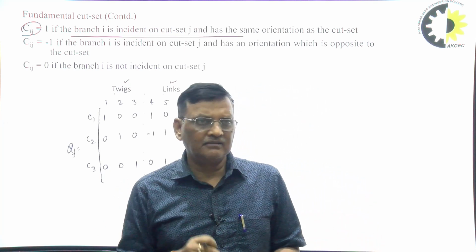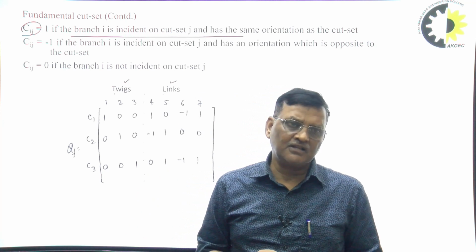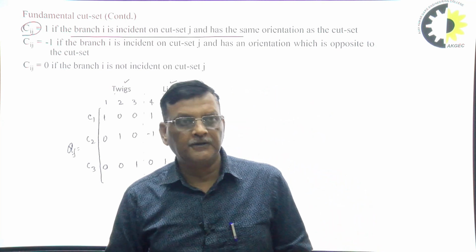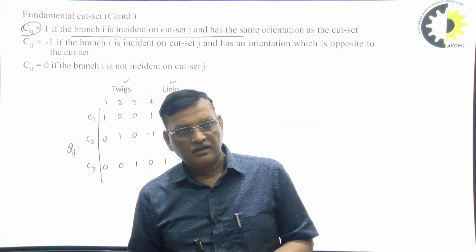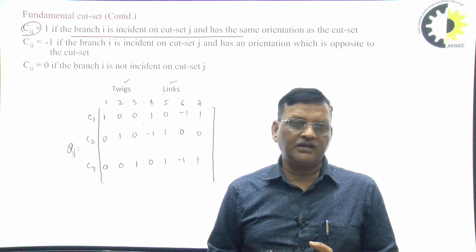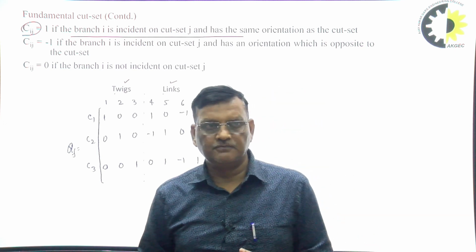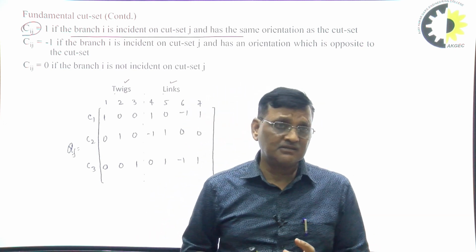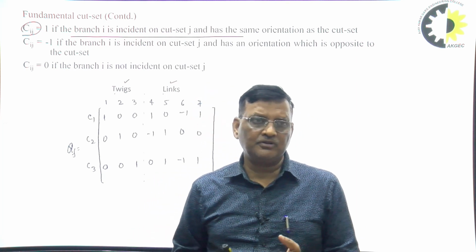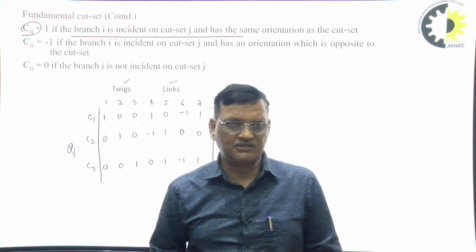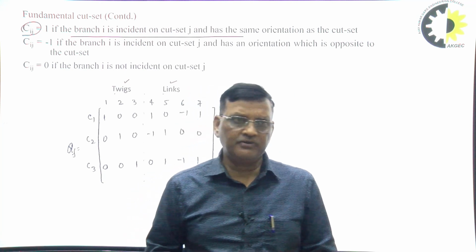This way we can obtain the matrices, and these matrices are very useful in loop analysis and node analysis. Basically, for loop analysis we use the fundamental tie-set matrix, and for node analysis we go for either the incidence matrix or the cut-set matrix. So thank you very much.